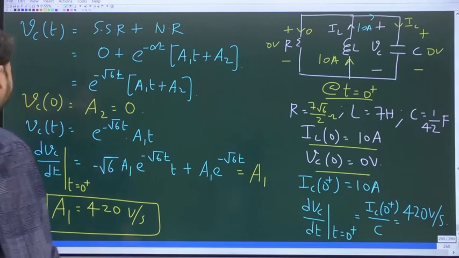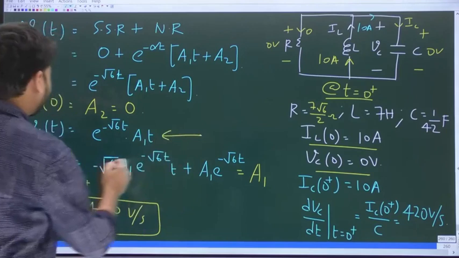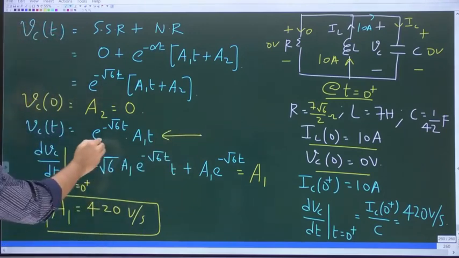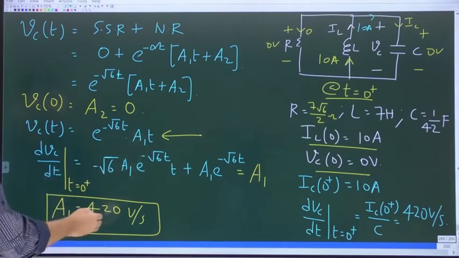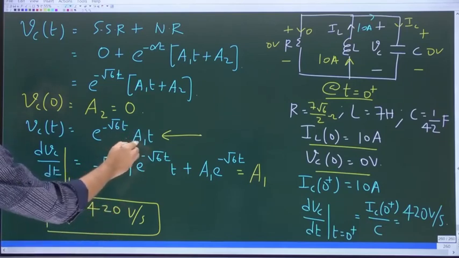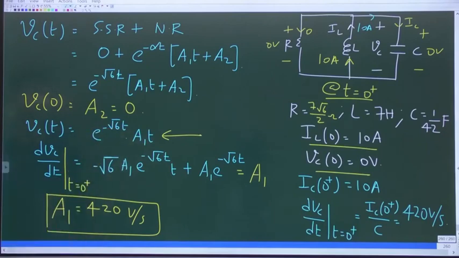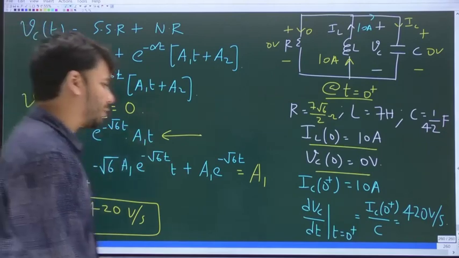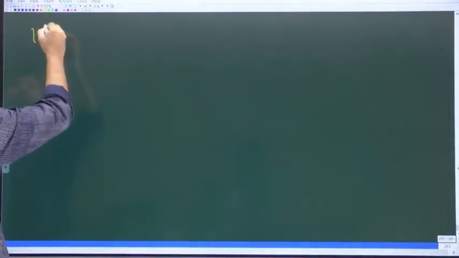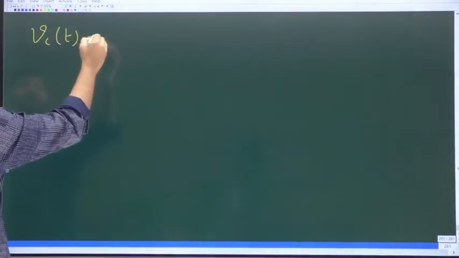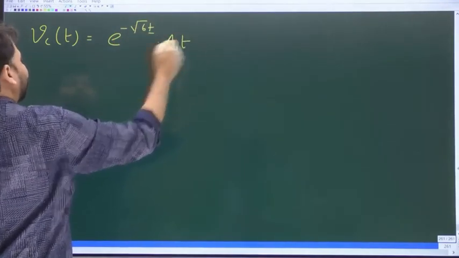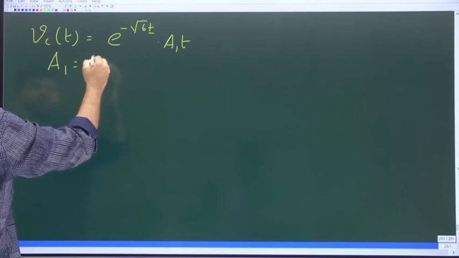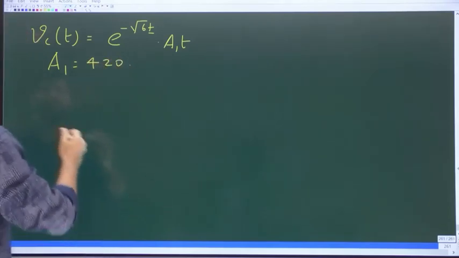Okay. So let us go back to this expression for Vc of t, which is e power minus root 6t times a1t. So in place of a1, you write 420. So will it not become 420t times e power minus root 6t? I'll just write it on the next slide. So Vc of t is e power minus root 6t times a1t, where the value of a1 has been found to be 420.